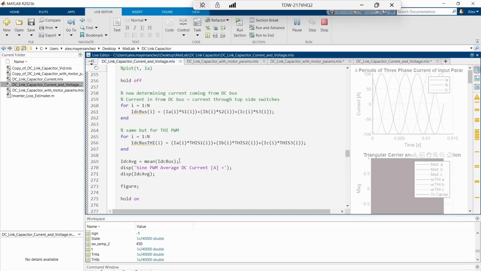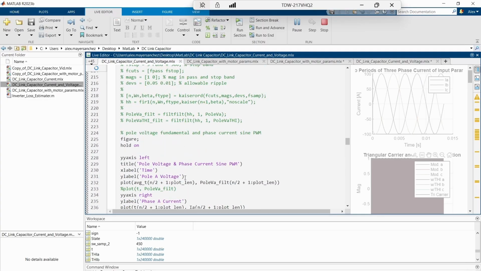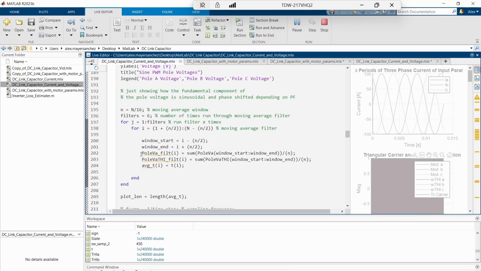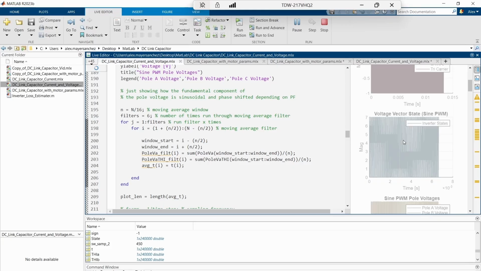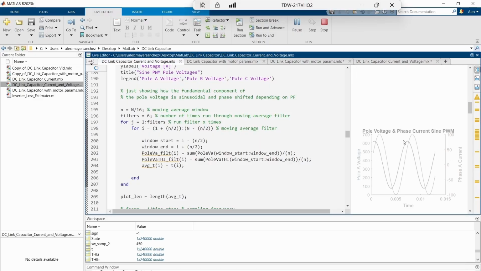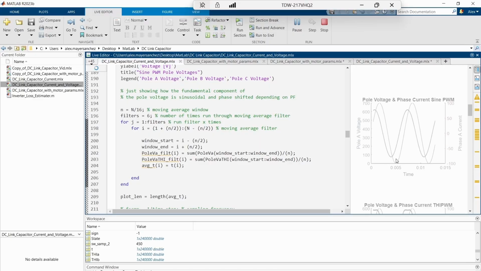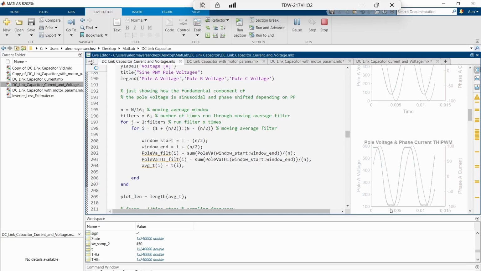This takes a while. It just takes a while because the way I have the script set up right now, it's running through this for loop 6 times because like in the last video, I was trying to show how if I filtered out the pole voltage high frequency components, you can see the fundamental voltage generated by the PWM is actually sinusoidal at the fundamental frequency, plus the third harmonic if we're doing third harmonic injection or space vector PWM.